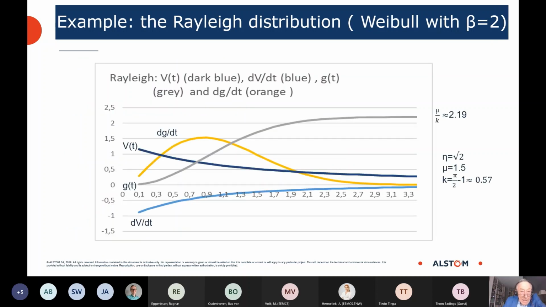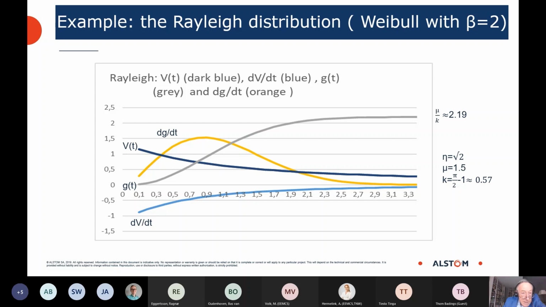So here we have several functions. You have the mean residual life, v of t. You have its derivative in light blue. Then you have g of t, which has an S shape, and then the metric dg over dt.